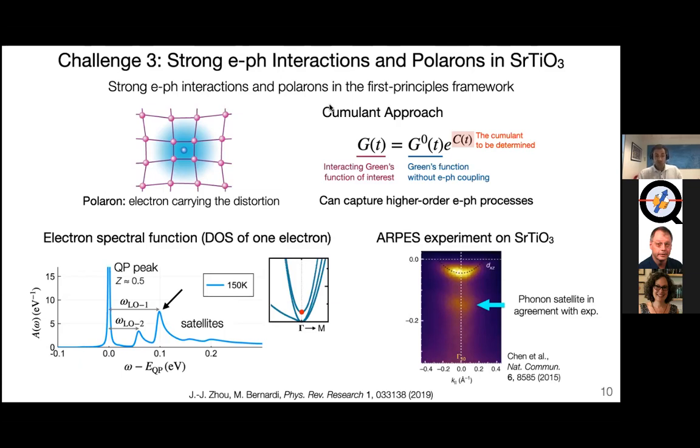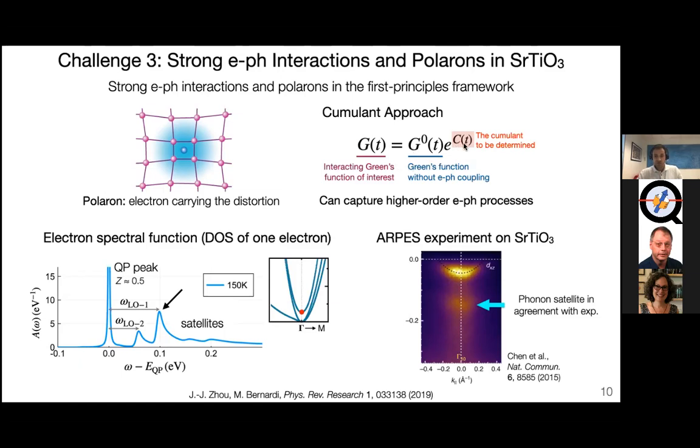To address this problem, we have developed a so-called finite temperature cumulant approach. I will not get into technical details, but the main idea, which is outlined here, is that we use an exponential ansatz for the Green's function.